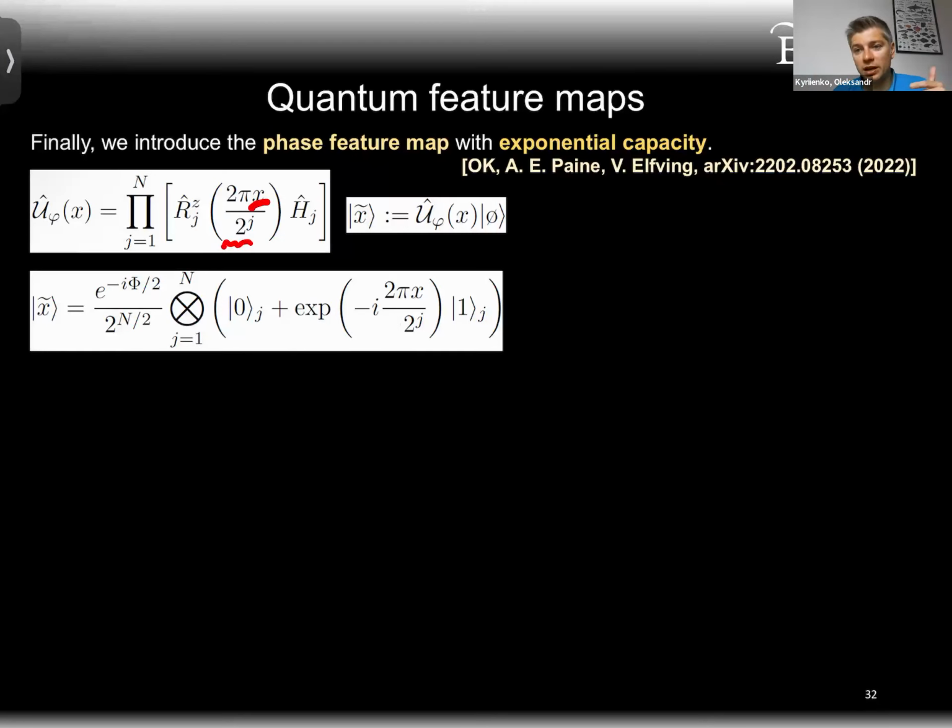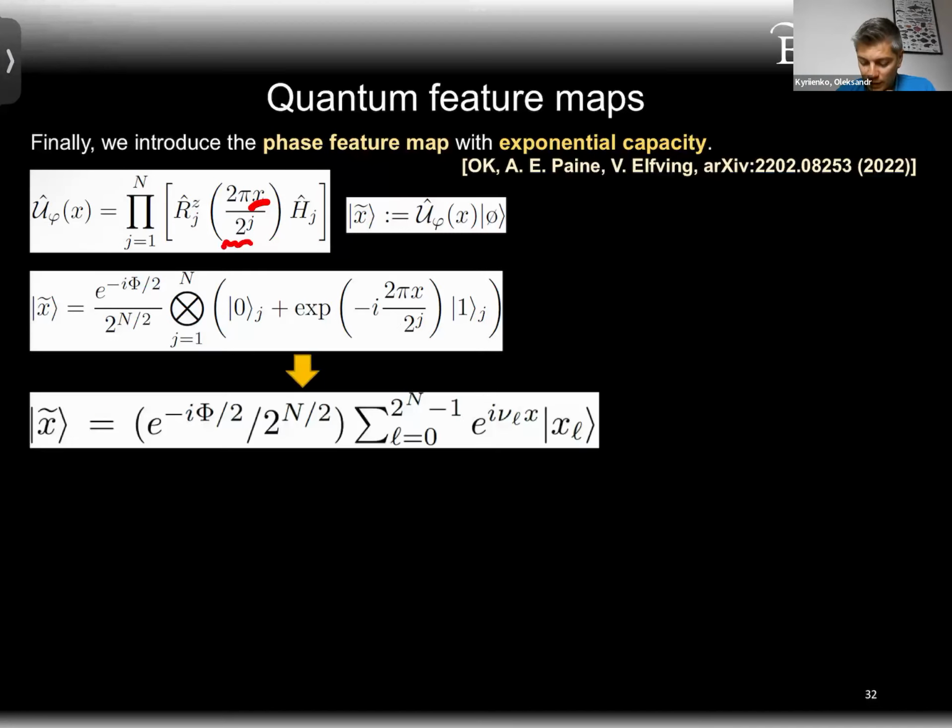But if you interfere them together, so you have individually all rotations and combine them, your state now will include all possible combinations of x. And you will have each frequency from 0 to 2 to the power of n minus 1, which is an exponential capacity, and the individual state x tilde will be based on a Fourier representation of your quantum state.